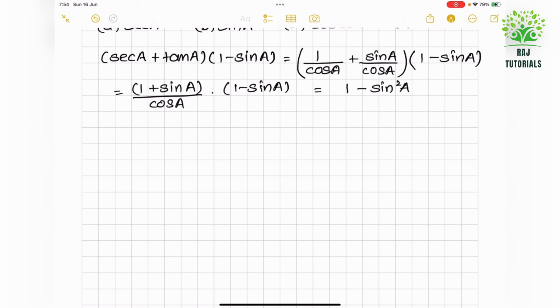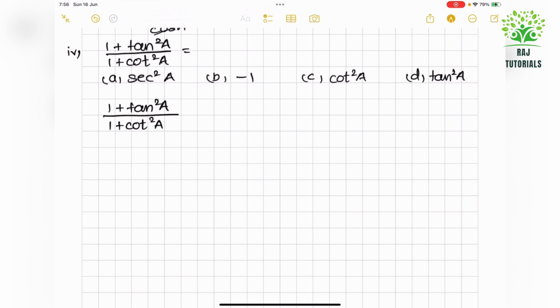So 1 plus sine a into 1 minus sine a will be 1 minus sine square a upon cos a. So 1 minus sine square a will be cos square a upon cos a.